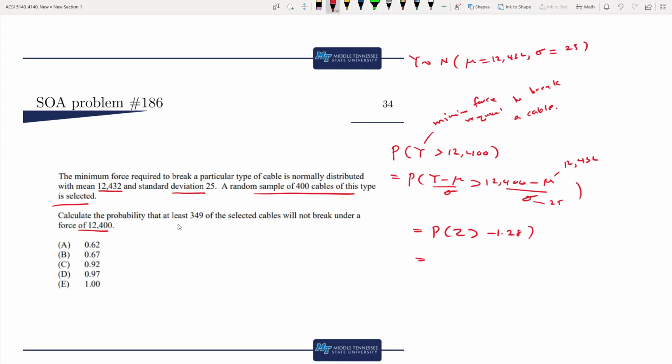So we want to know the probability, and what we can do is use the SOA calculator.